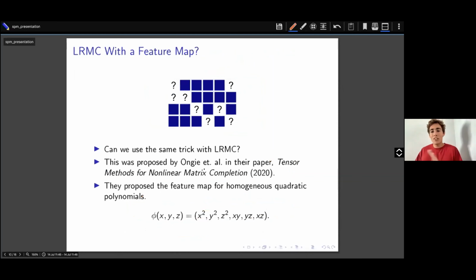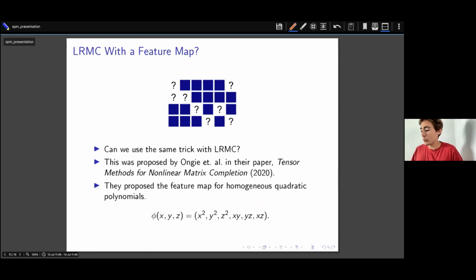Okay, if that made sense, then we have an idea, which is maybe we can apply the same trick to low-rank matrix completion. Let's say we have some data, and it doesn't have linear relations, but maybe it has non-linear relations present in it. And maybe we can choose a feature map, transform our data, apply LRMC there, and then use that completion to infer our data.